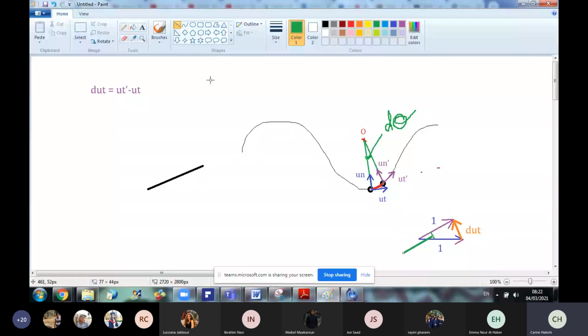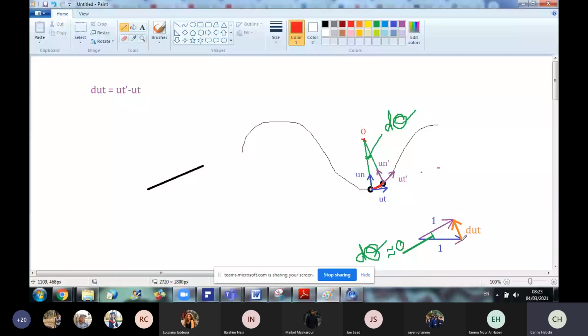Because d theta tends to 0, I can consider that segment dUT is nearly equal to the arc of circle. Since d theta is nearly 0, the length of this segment dUT can be calculated by the arc of circle here.